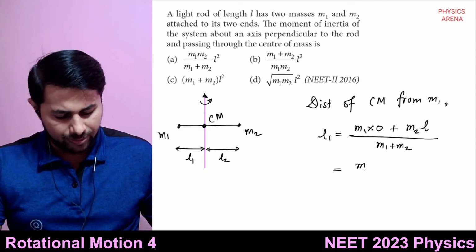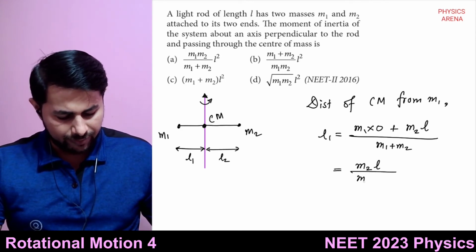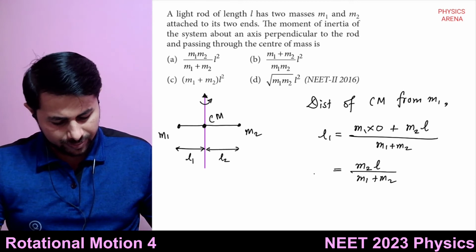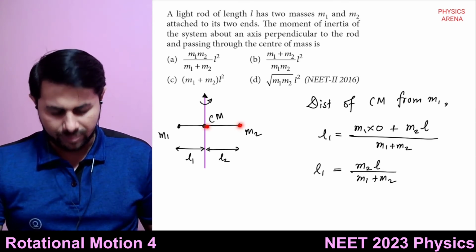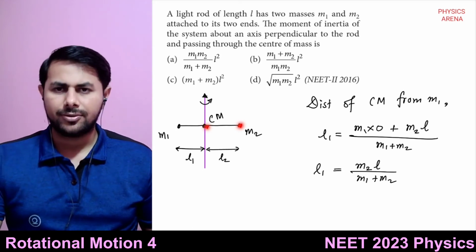It is m2 times L upon m1 plus m2. That's L1.